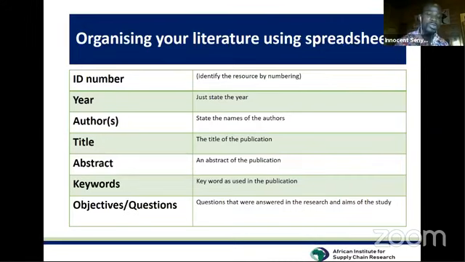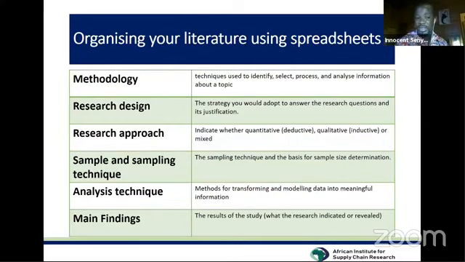Then the methodologies that were used, the research design, the research approach, the sampling and sampling technique adopted. Then the analysis technique used is also a key thing you would have to put in a column. Then the major findings or the main findings in the paper or the book would also be in a column.